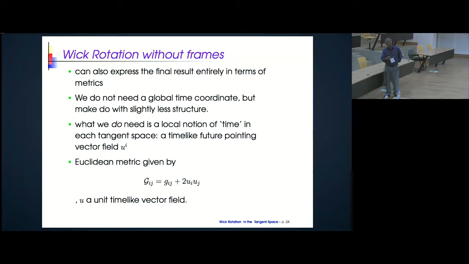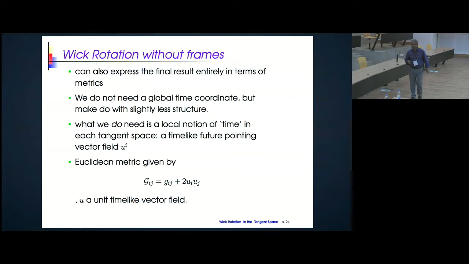So we can also express the final result entirely in terms of metrics without bringing in frames. We don't need a global time coordinate, but we can make do with slightly less structure. What we do need is a local notion of time in each tangent space, a timelike future pointing vector field, U^i. The Euclidean metric is given by just taking the old metric, which is Lorentzian, and adding 2U_iU_j. And this is a real Euclidean metric.